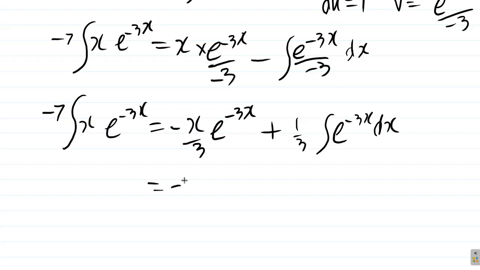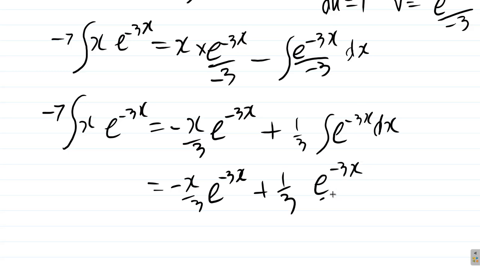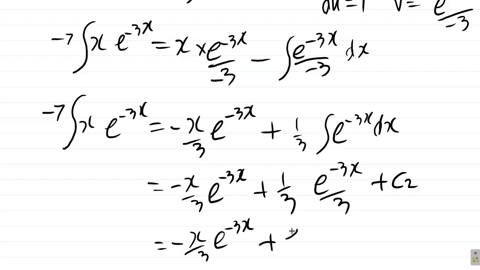So it is equal to negative x over 3 e to negative 3x, then plus 1/3. When you integrate this, you found already that it is e to negative 3x over 3 plus call this c2. So what you have is negative x over 3 e to negative 3x plus e to the negative 3x over 9 plus c2.